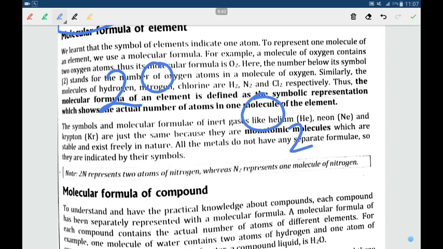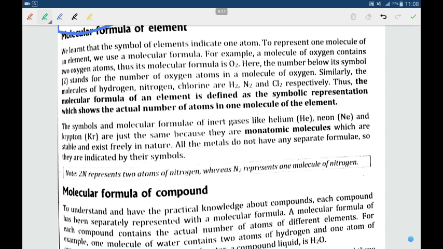Are they same or different? Say, they are different. 2O means 2 atoms of oxygen. O2 means 1 molecule of oxygen. 2O, 2 atoms of oxygen. O2, 1 molecule of oxygen. Okay, just keep in mind.